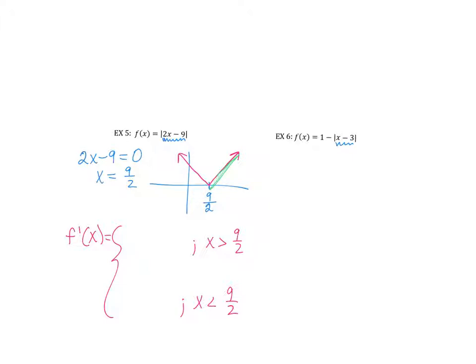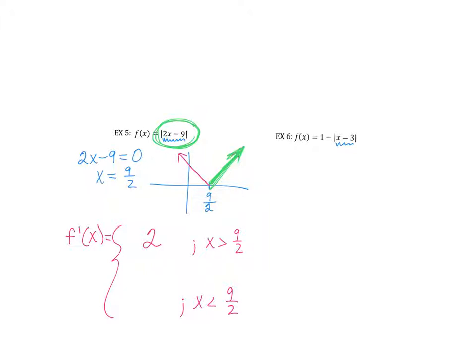These are linear. So the derivative at any point is going to be the slope of that line. Well, you know it's positive. Look at this function. What is the slope of 2x minus 9? Well, what's the slope part? It's 2. So my derivative for anything bigger than 9/2 would be 2.